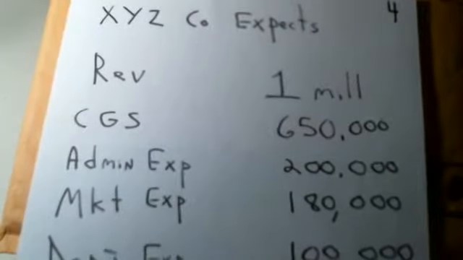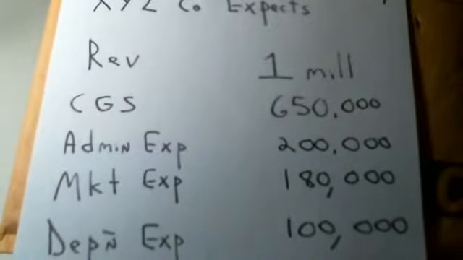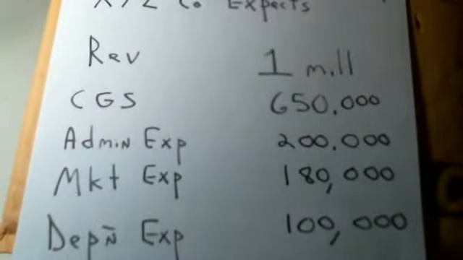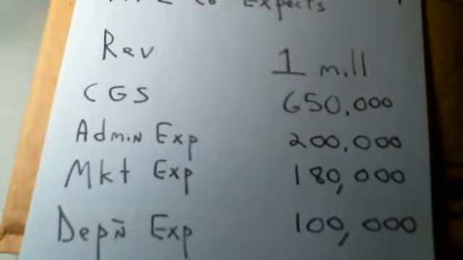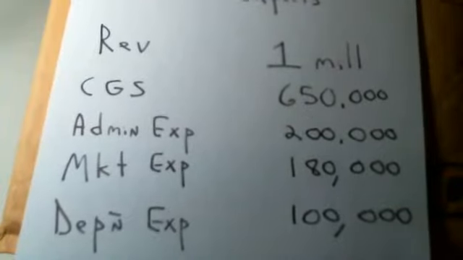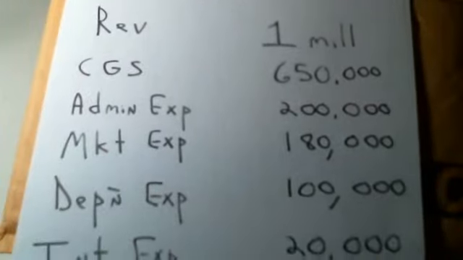Now, I gave you an actual example in class. These were the specs, essentially what you are projecting for your company. So you are projecting $1 million in revenue. Your cost of goods sold, CGS, is $650,000. Then there's admin, marketing, depreciation, and interest expense.